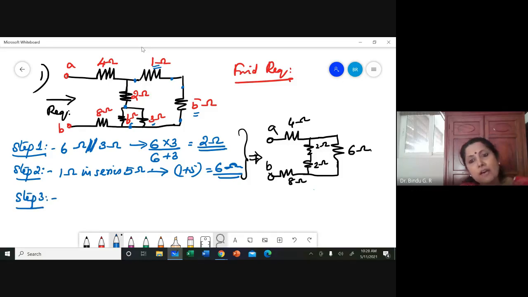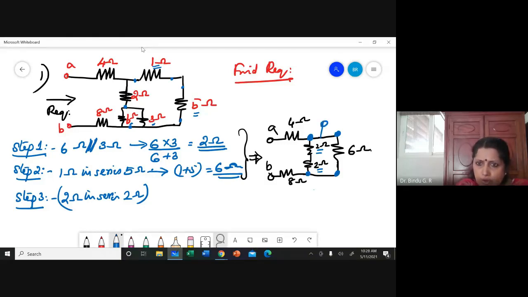If you have any doubts in between, you can ask. Okay. In step 3, what I can do is combine these two resistors, 2 ohm in series with 2 ohm. So that series is in parallel with 6 ohm, isn't it? Same node.